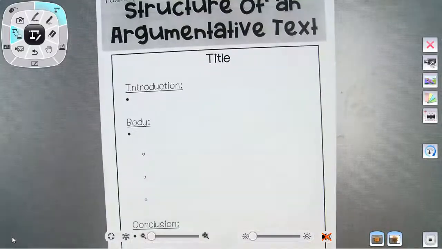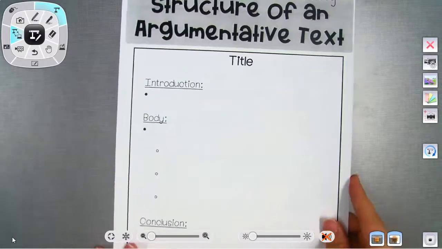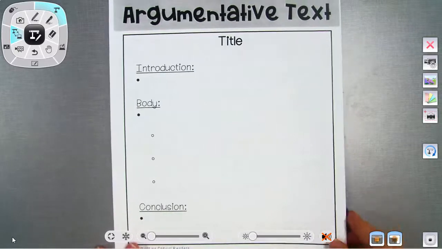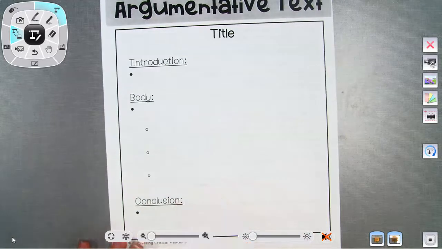So let's talk about what the structure is. A structure is how the text is written. We talked about structure early on, where it could be cause and effect, things like that. With this type of structure, we're talking about how it's written. If you notice, it looks like what we do when we do our writing, where we have an introduction, then our body, and then our conclusion.